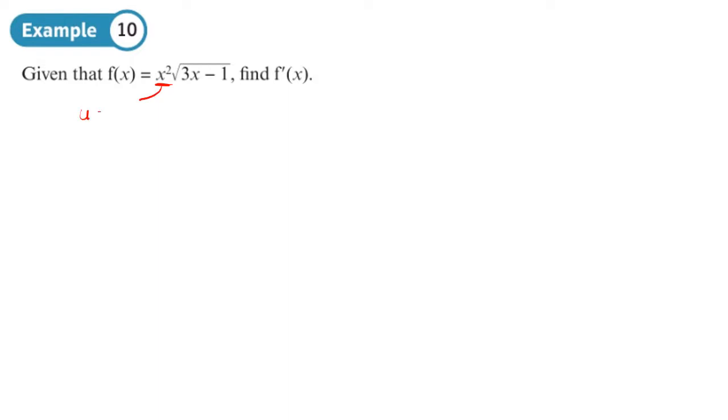So u is going to be my x squared, and this part here I'm going to call my v. So v is going to be, let's write it as a power because we want it in that form so we can differentiate it, 3x minus 1 to the power half.